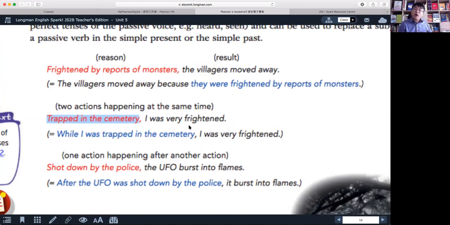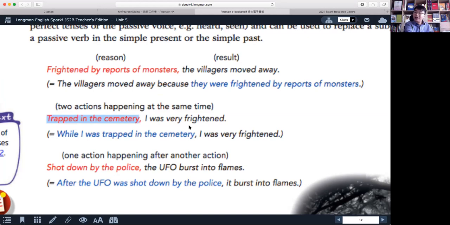Actually, the way of forming sentences with a past participle clause is the same as what you did forming sentences with a present participle clause. The same. Only the first word is different. You have to decide whether the verb is active or passive.